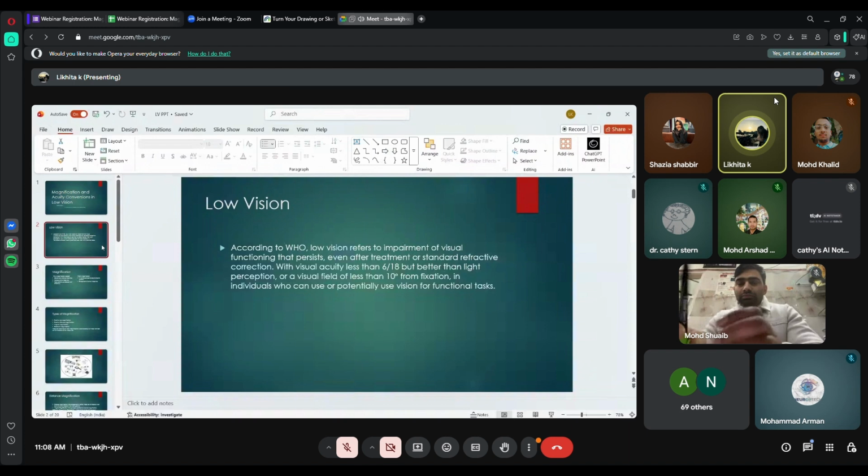According to the WHO, a low vision person has visual acuity less than 6/18 but better than light perception, or a visual field less than 10 degrees from the point of fixation. Yet they still have residual vision for performing daily tasks. It is important to understand that low vision is not the same as blindness.